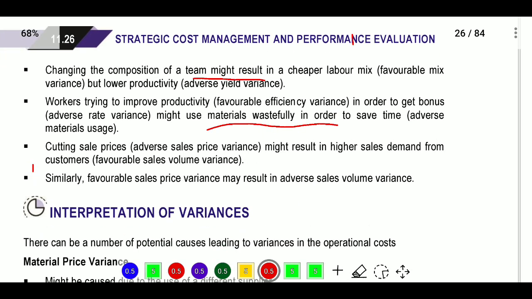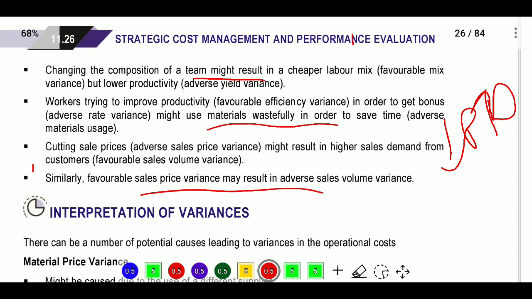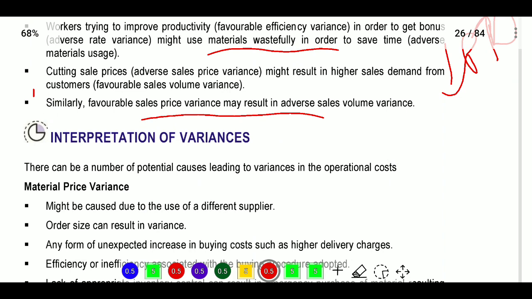Next, cutting sale prices. If you cut the sale price, demand from customers will be high, giving a favorable sales volume variance. Simply a favorable sale price variance may result in an adverse sales value variance.